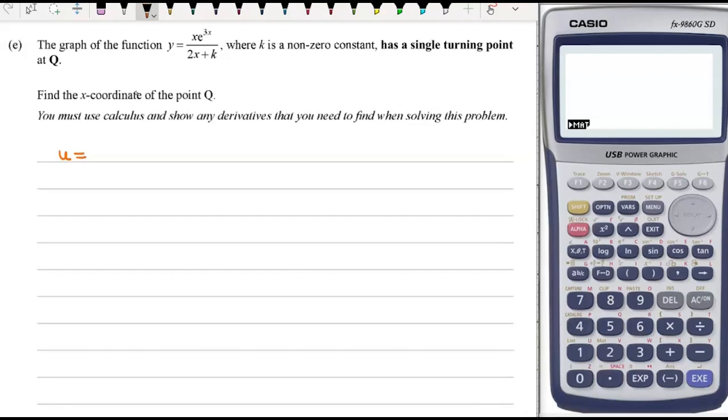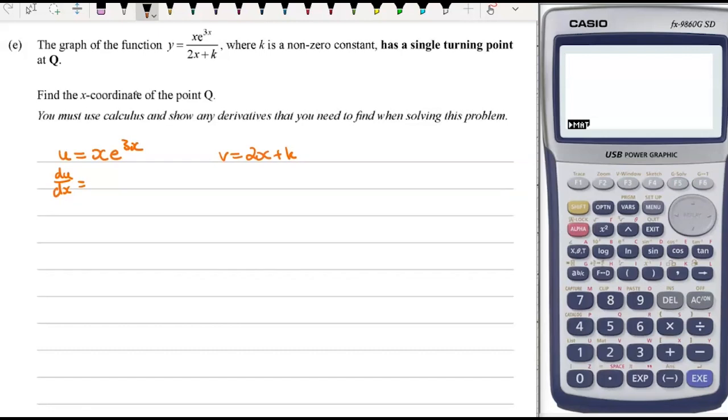So let's set u is equal to x e to the 3x, v is equal to 2x plus k, and we're using quotient rule. So du by dx, this one actually has a product rule inside of it. We've got the x times e to the 3x.